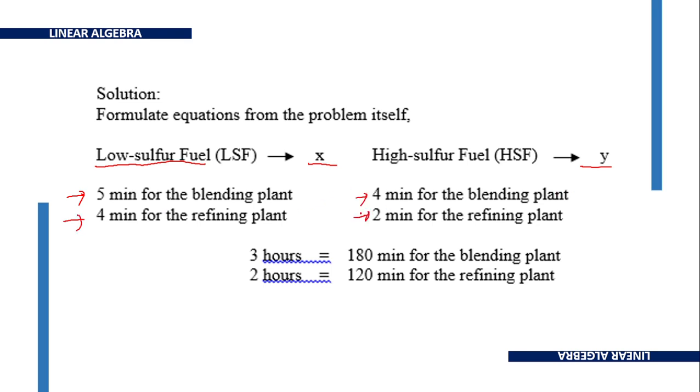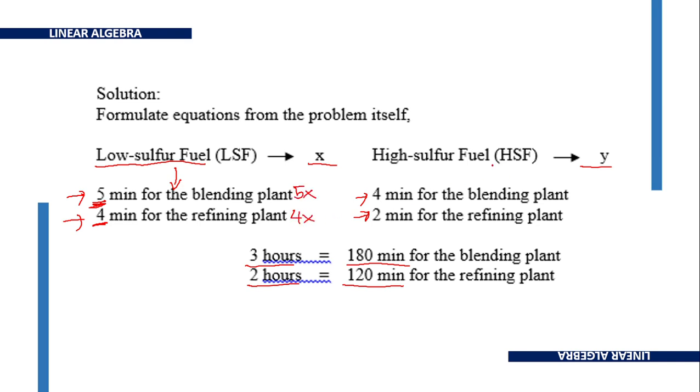Then dito, yung 3 hours natin, na-available yung ating blending plant. So, if we convert it to minutes, we have 180 minutes. And yung 2 hours ng ating refining plant, kapag convert natin siya in minutes, is 120 minutes. Okay? Ayun. So, paano tayo makakagawa ng equation? Di ba, ang ating low sulfur fuel for this is X. So, since we have this, we can have 5x and 4x.